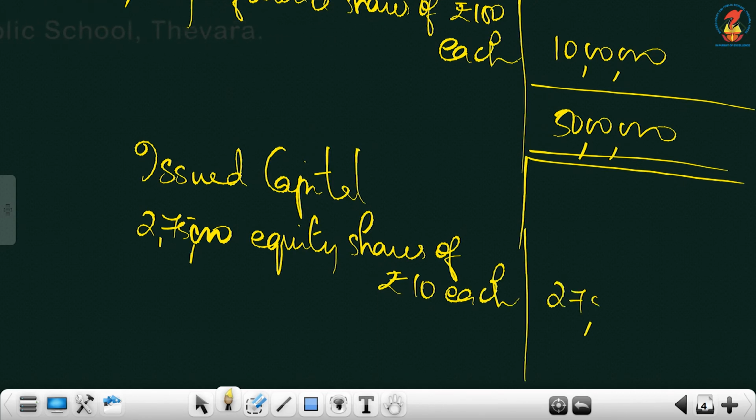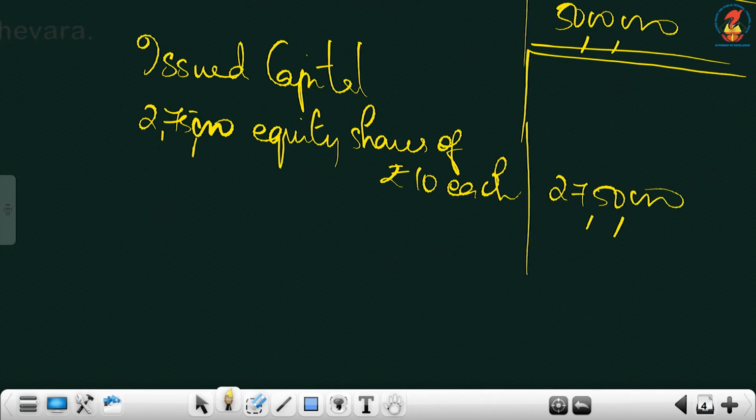So 27,50,000. Then before you double line, you have to write the preference shares. It is 10,000, 10% preference shares of 100 each. See, did you see this 10%? That is the rate of dividend.